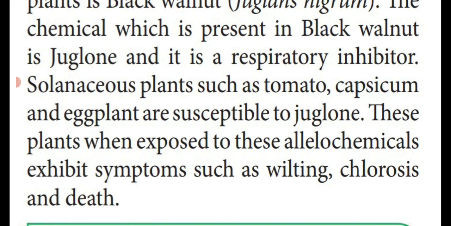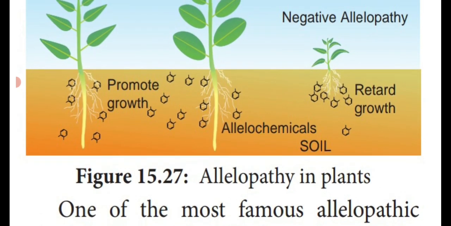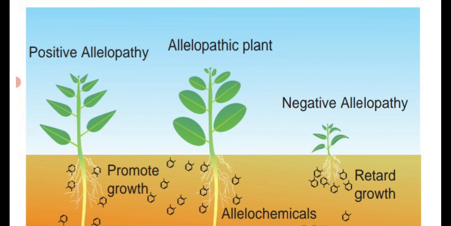So these plants, when exposed to the allelochemicals, show symptoms such as wilting, chlorosis and death. Chlorosis means removal of chlorophyll pigment in the leafy region, or destroying the chlorophyll pigment in the leaf. So this is said to be allelopathy in plants.